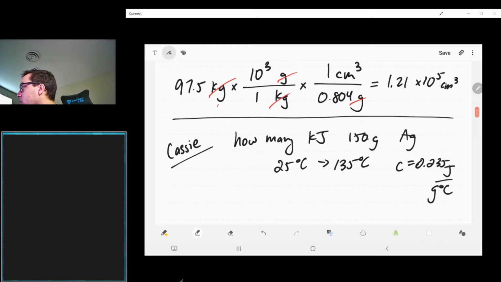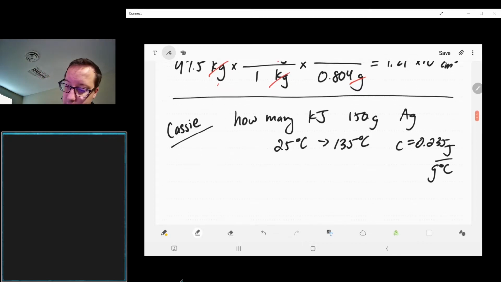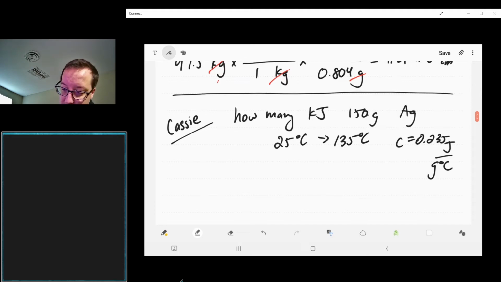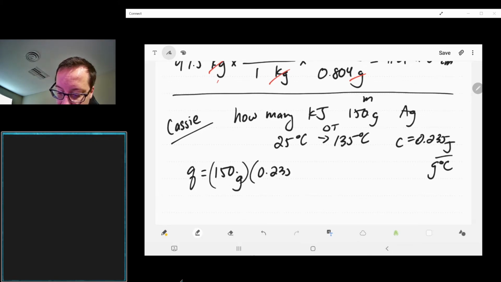Okay, so pretty straightforward here. We have an M, we have a C, and we have a delta T. We're solving for Q because it's asking for kilojoules. That's energy, right? So let's see what we can do here. M is 150 grams. C is 0.235.